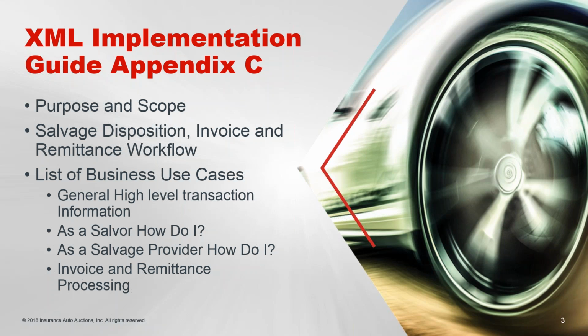It also contains additional information on the list of business use cases. Remember I said that there were 63 business transactions, or handoffs, identified in the original data flow. So this will give you the information on how to go back and forth and what those transactions are in detail.